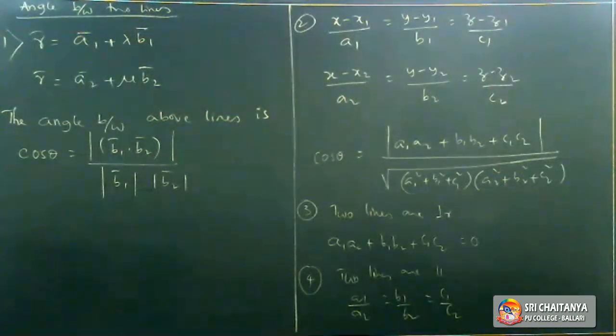And if they are parallel, a1 by a2 is equal to b1 by b2 is equal to c1 by c2.